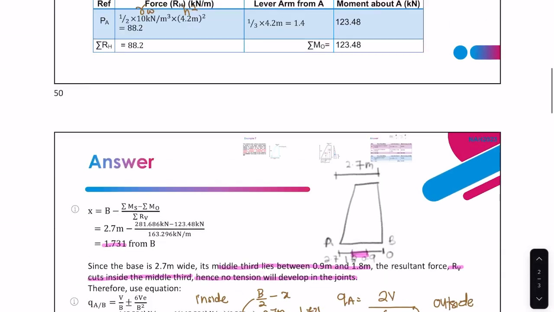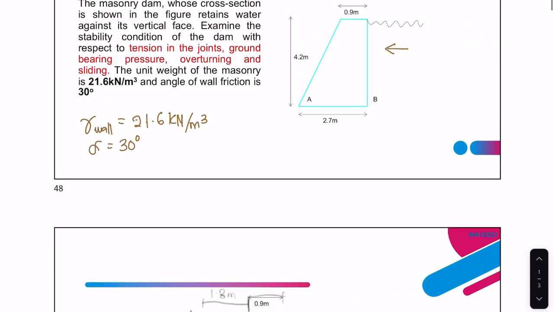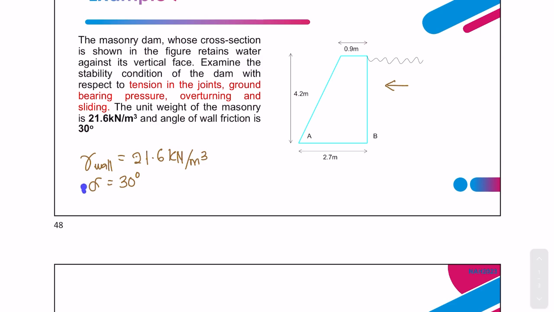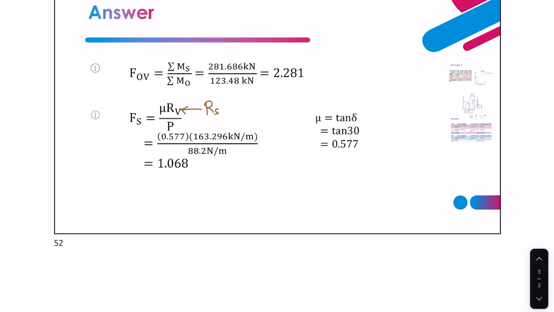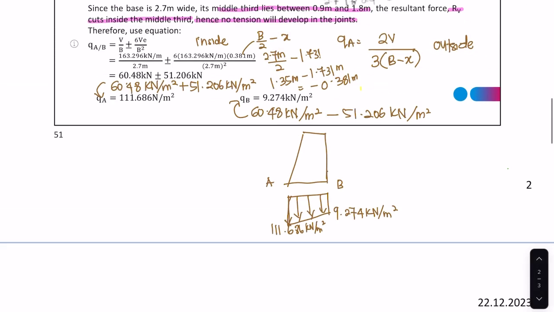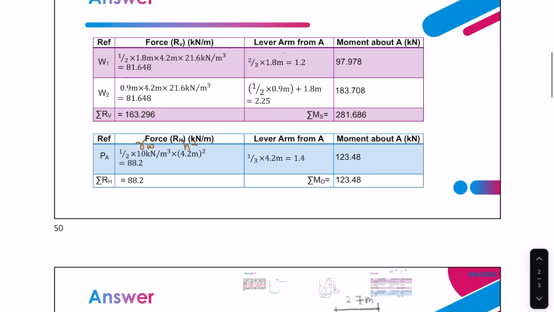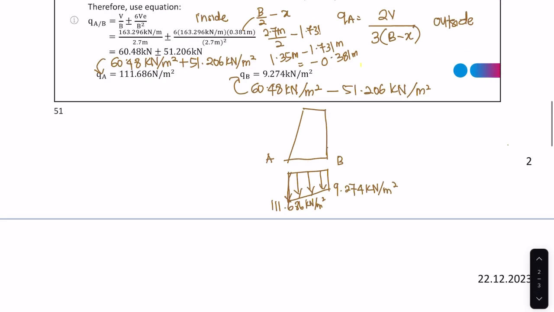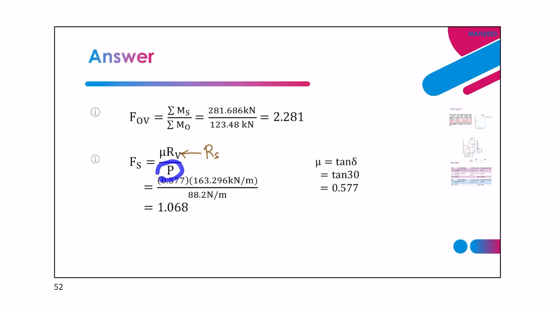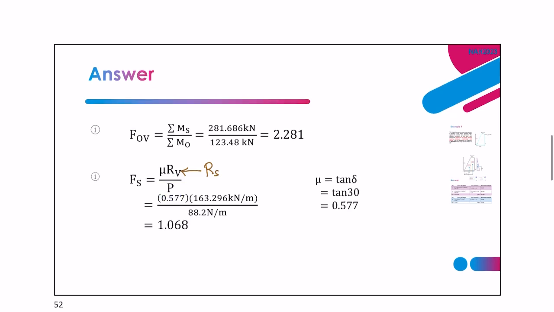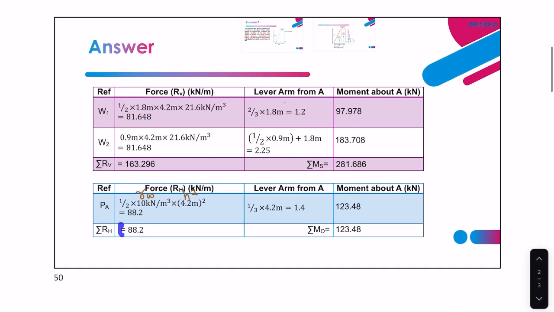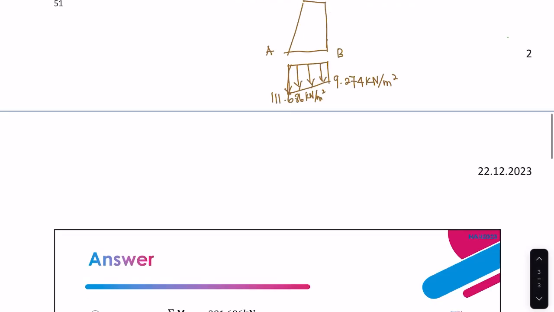From the question, we get the delta is 30 degrees, the angle of wall friction. Replace the delta with 30 degrees, we get the value of mu. Put it into the formula of Fs and get the RV from the table, 163.296, divide with horizontal forces. From the table again, get the RH, 88.2.